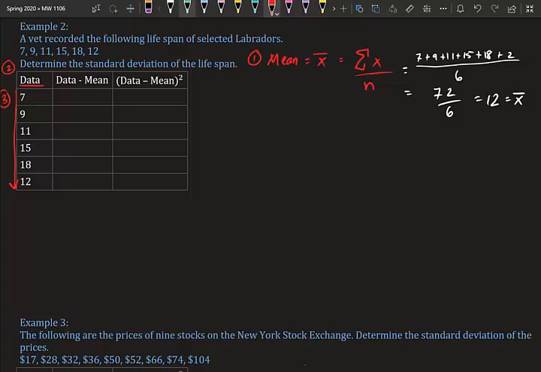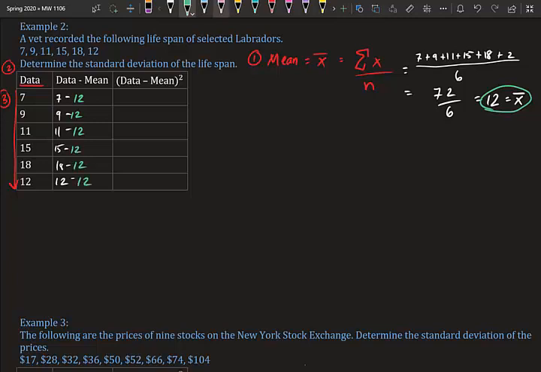So we take our data, 7, 9, 11, 15, 18, 12, and subtract the mean, which we found to be 12. So 7 minus 12, 9 minus 12, 11 minus 12, 15 minus 12, 18 minus 12, 12 minus 12.